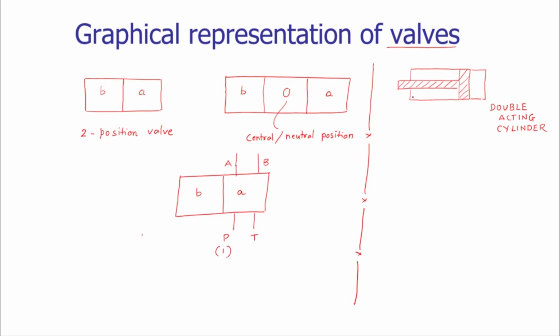For that purpose, we have to have the pressurized fluid flow at the rod side so that the cylinder will get retracted, and the pressurized fluid at the top side is taken to the tank side. For that purpose, we need a valve. We need two positions, the extension position and the retraction position. So let us draw a two position valve.